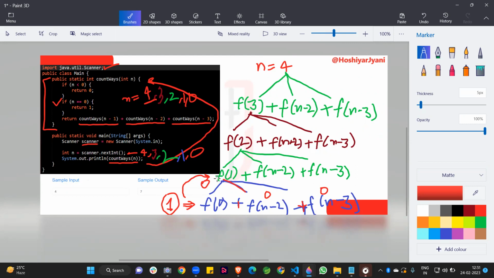After that, this function is solved because it returns a value. The value of this is 1 here, because the combination of 1, 0, 0 is 1 and we return the value 1 to the parent. Okay. So guys, remember this. F of 1 returns 1. So after it, this function is done.